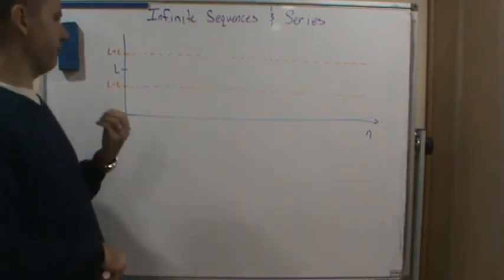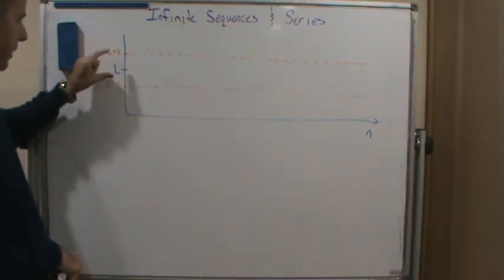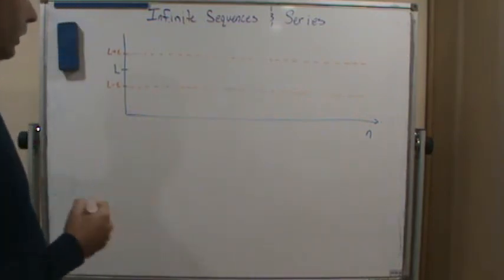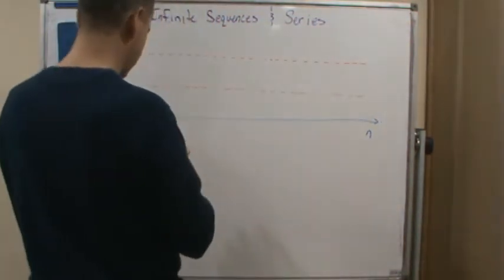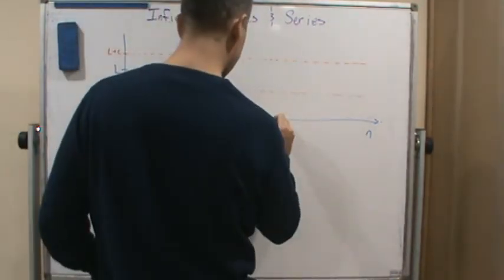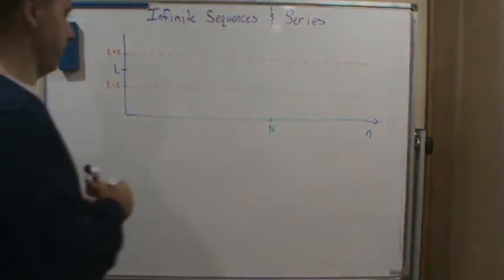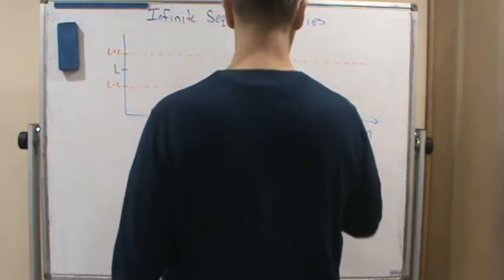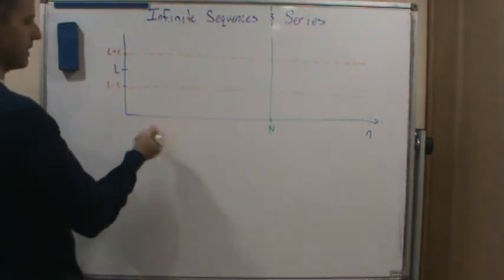We're saying that for any epsilon greater than 0, we can create this band, this neighborhood around L. And if there exists some N, let's say we've got this sequence of numbers.